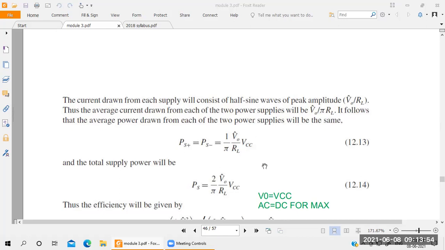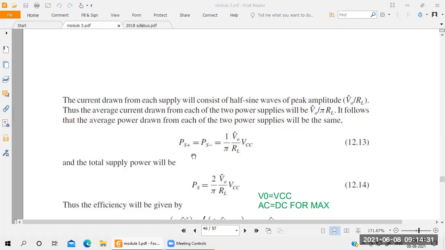So what does 1 by pi mean? We are getting only a half cycle here. Half cycle for the plus VCC, half cycle for the negative VCC. That's why it is 1 by pi, multiplied by the same output voltage divided by load resistance, multiplied by the input voltage, which is the DC voltage VCC.